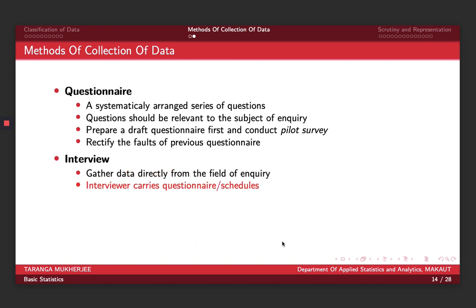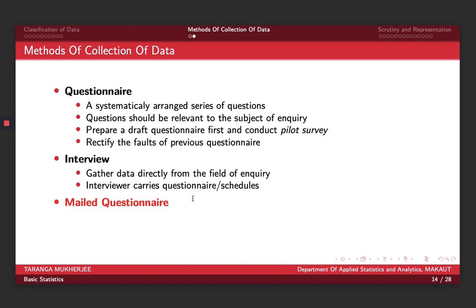One interviewer would definitely carry a number of questions or a questionnaire or a schedule. And one thing, the interviewer must be very smart. Manpower is a very required thing in a direct interview method. Okay, so it's not at all budget friendly.